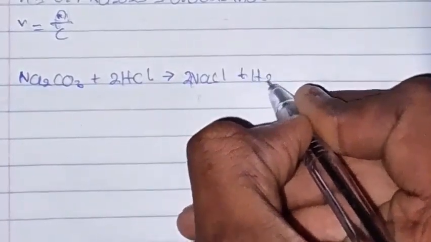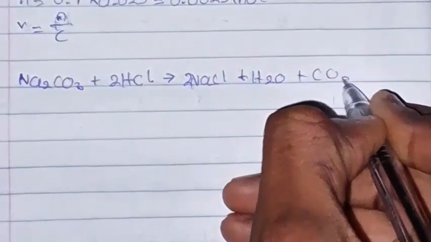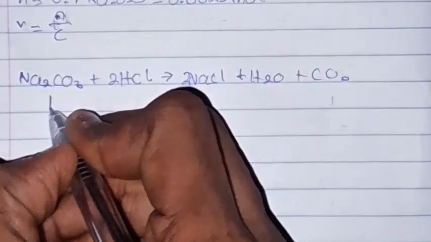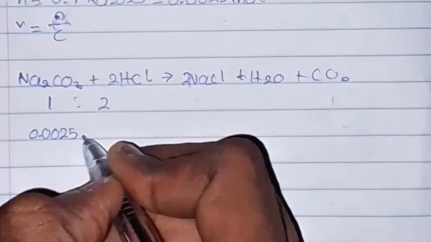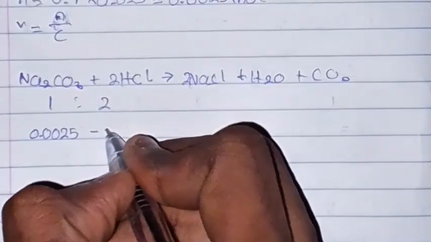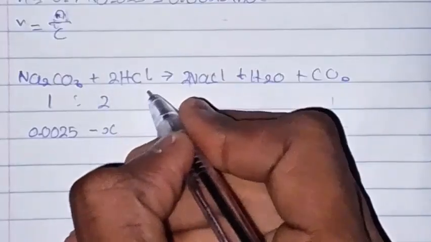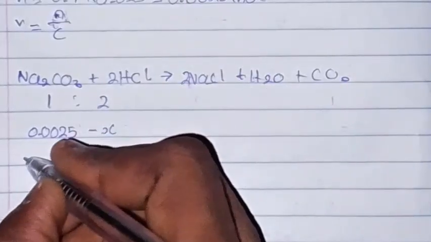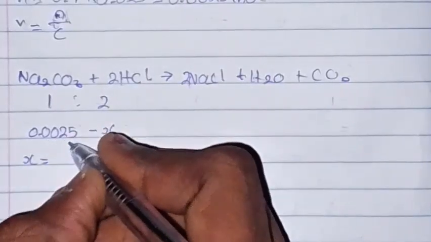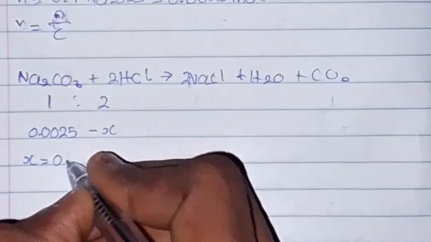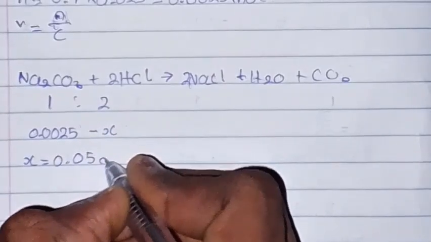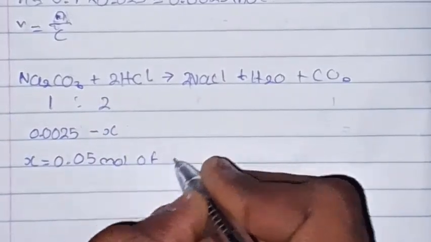We see that 1 mole of sodium carbonate requires 2 moles of HCl, so 0.0025 mole of sodium carbonate will require x mole of HCl. This is a much faster way of obtaining the number of moles of HCl. Cross multiplying, x is 0.0025 times 2, which is 0.005 mole of HCl.